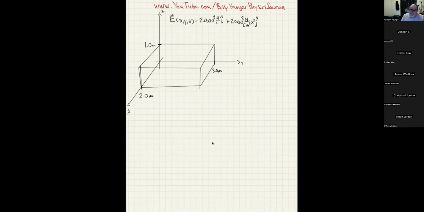Notice the x is going to come out in meters, so that's got to cancel out with that meter squared in the bottom. And then I have a z term, which is 4.0 times 10 to the third newtons per coulomb meter squared again in the bottom to account for this y squared, which is a k hat direction there. And that's sort of what you have to do. That's basically like a typical electric field.